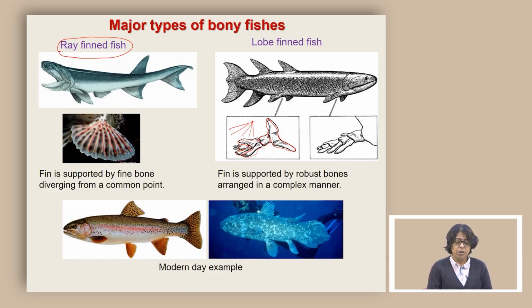In today's ocean, we find mostly the ray fin fishes. However, there is one example, called a coelacanth, which was thought to be an extinct fish for a very, very long time, till it was rediscovered, and we found that it also has a lobed fin, with a muscular structure, and inside there are bones which are arranged in a complex manner.